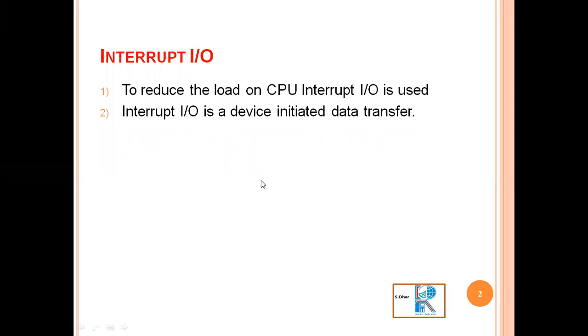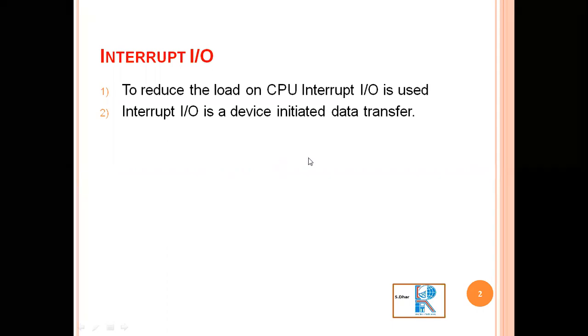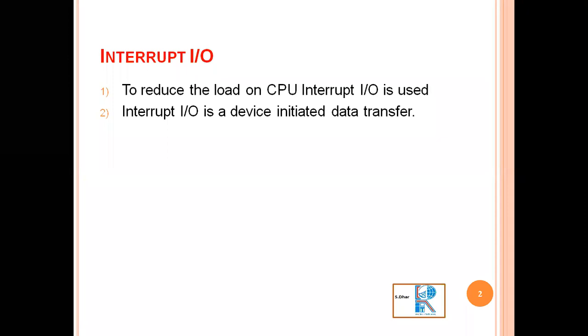Why? Because interrupt I/O is a device initiated data transfer. That means when the device is ready to transfer the data, it will send a signal to the CPU and tell that, see, I am ready to transfer the data. Then only the CPU will do the different types of operation on the device.